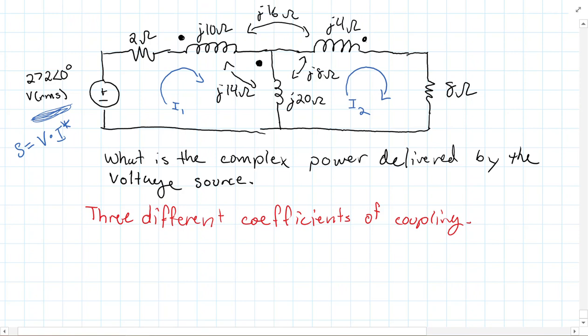Now, I think what gets people confused here a little bit is all of these dots. So let's see exactly how we're going to handle them, because we're going to have several induced voltages. Let's first handle I1. I1 is going into this dot, the dot on the J10 coil.